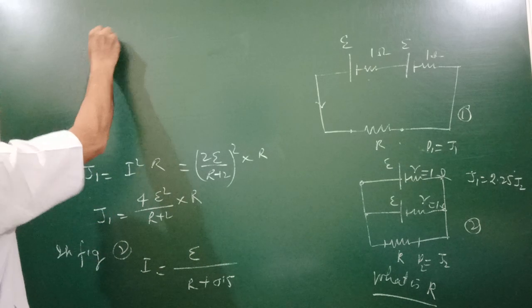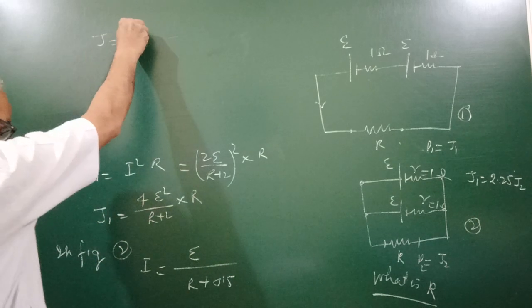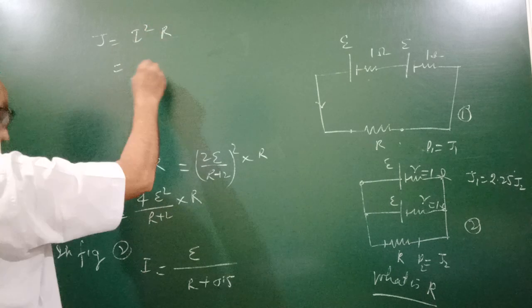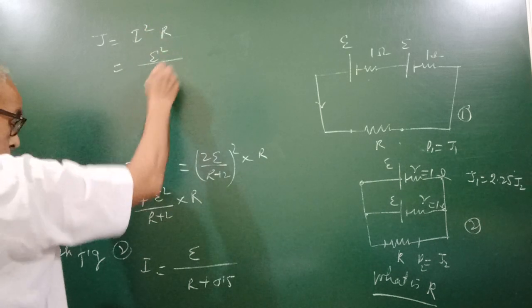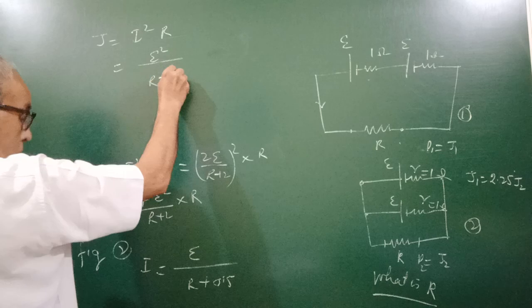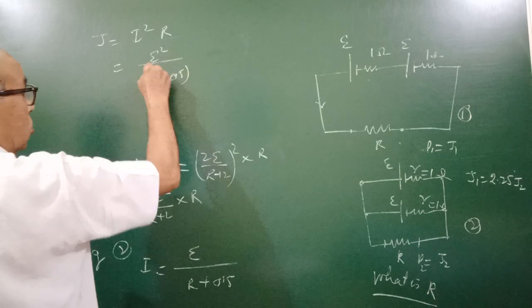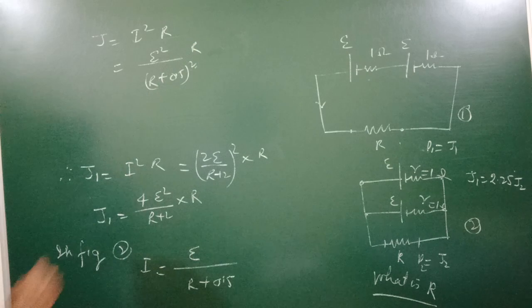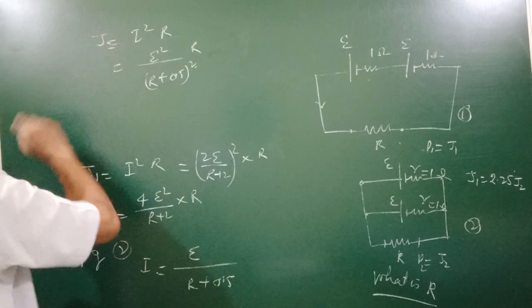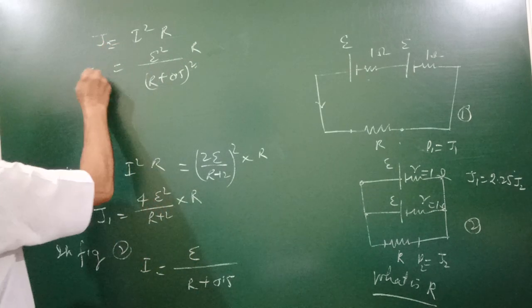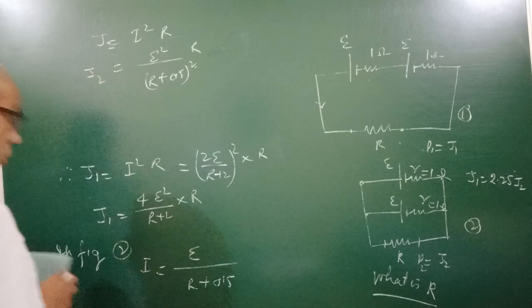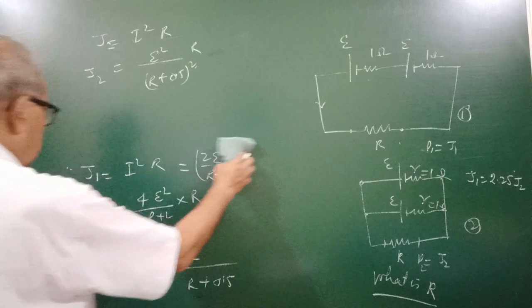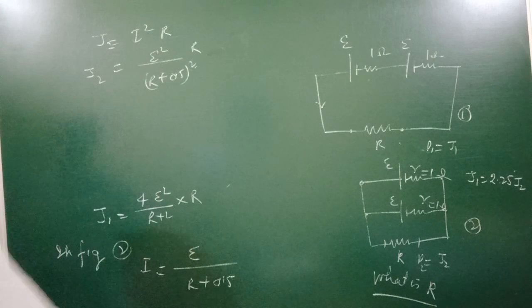Power produced J2, this I square R यानी कि E square upon R plus 0.5 whole square into R. तो J1 upon J2 करेंगे हम, है भाई. Now J1 upon J2.